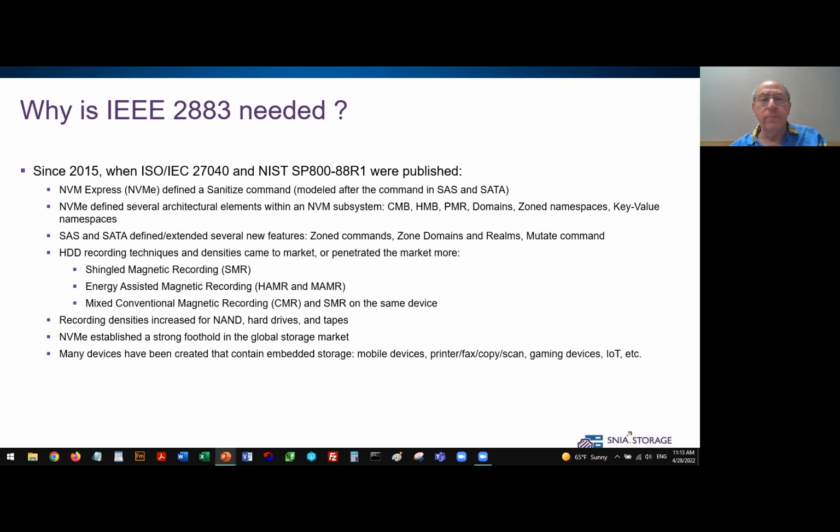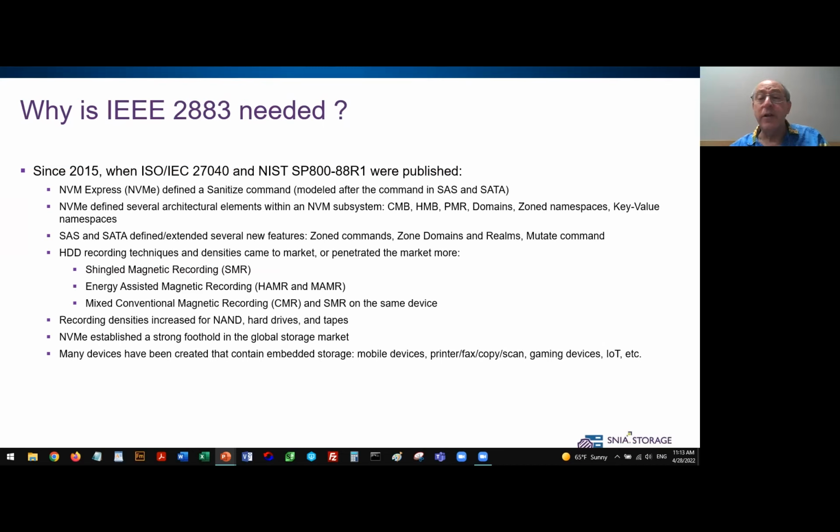Why do we need it? Well, a lot's gone on since 2015. NVM Express has expanded and evolved in many, many ways. SAS and SATA have new features dealing with zoned commands and zone domains and realms.